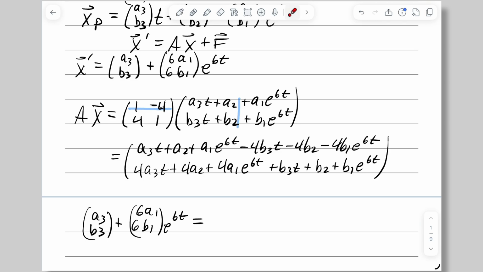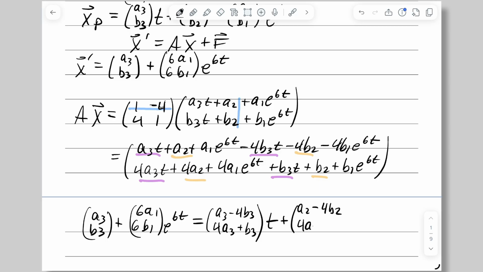Let's go ahead and do that with the product Ax. Looking across here, we have a3 minus 4b3, and then 4a3 plus b3, all those times t. Picking up all of the constant terms gives us a2 minus 4b2, and then 4a2 plus b2.